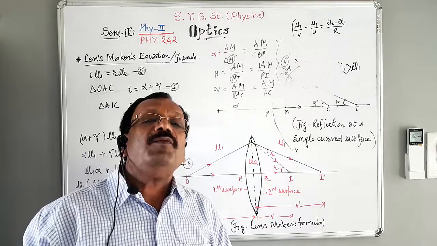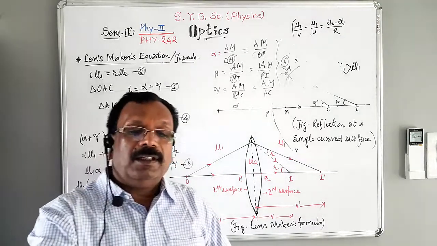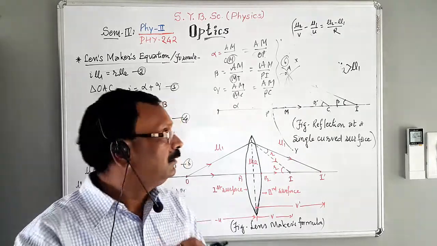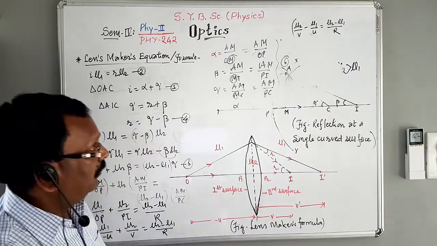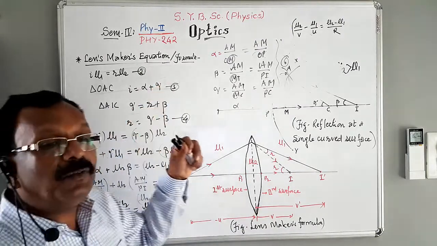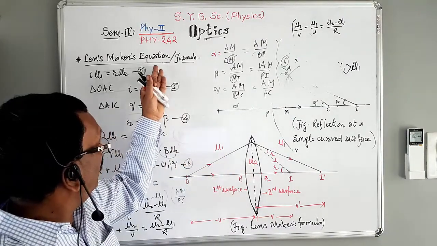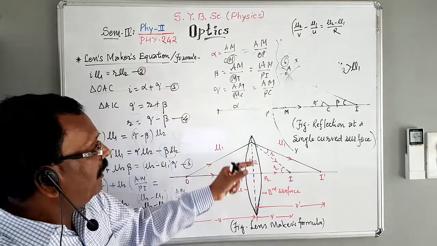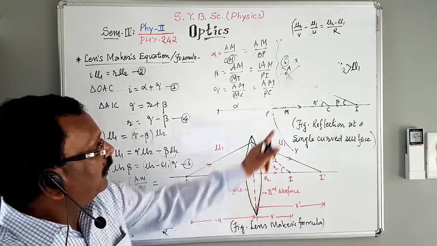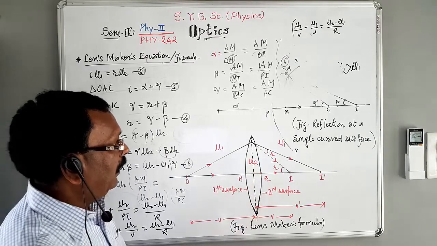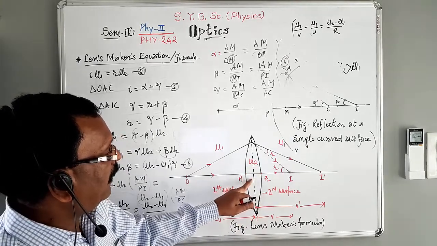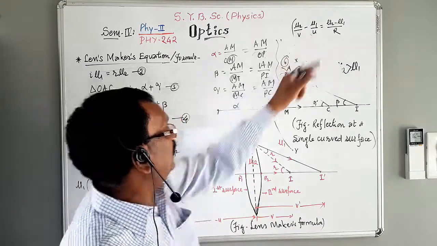Now we are going to find out the lens maker formula. When we find the lens maker formula or lens maker's equation for two curved surfaces, this one being for a single curve, we have to consider this diagram, and also this equation.